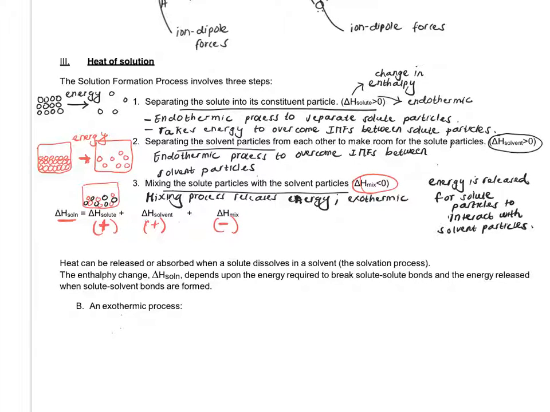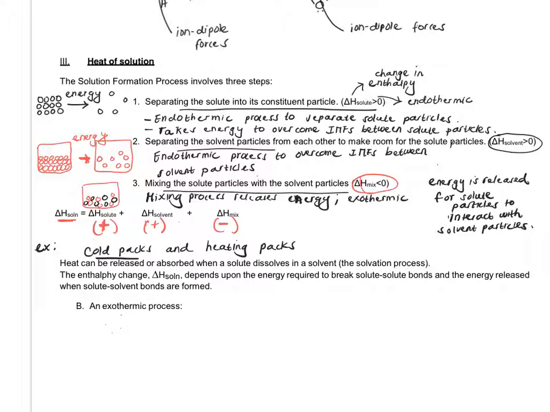So what causes exothermic and endothermic reactions to occur? What causes these processes to release and absorb energy? An example where we see this are in cold packs and heating packs. Okay, cold packs are typically used to reduce inflammation, and how these operate is there's a solution of ammonium chloride.